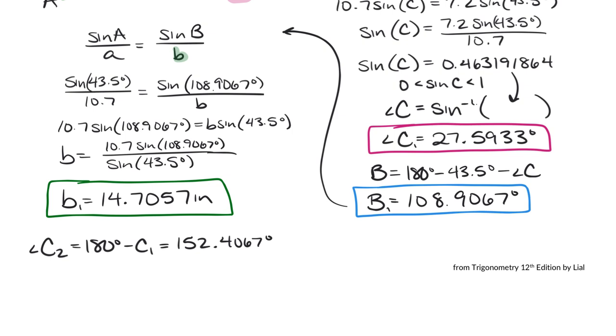If you take this new angle C2 and you add angle A that the problem gave us, what was angle A? 43.5. Add those 2 numbers together. What do you get?